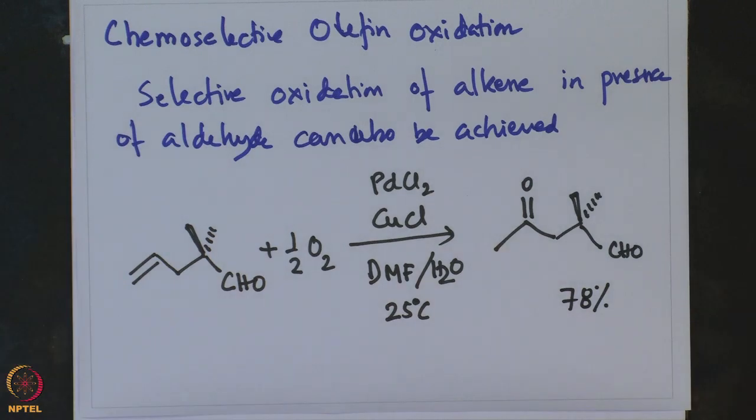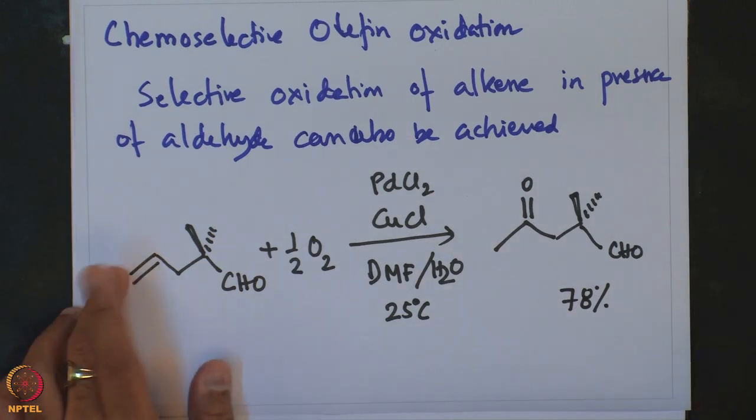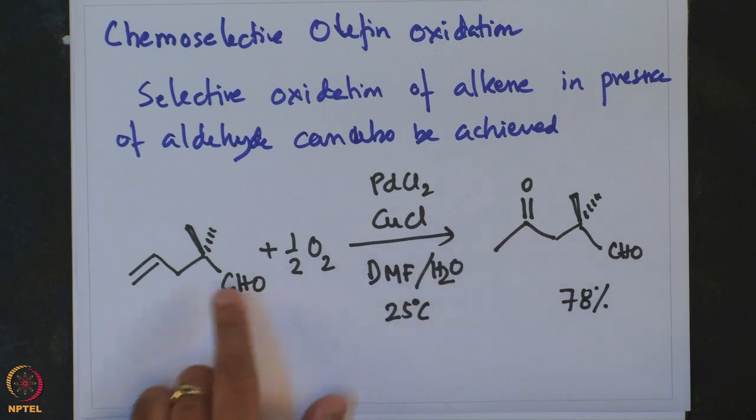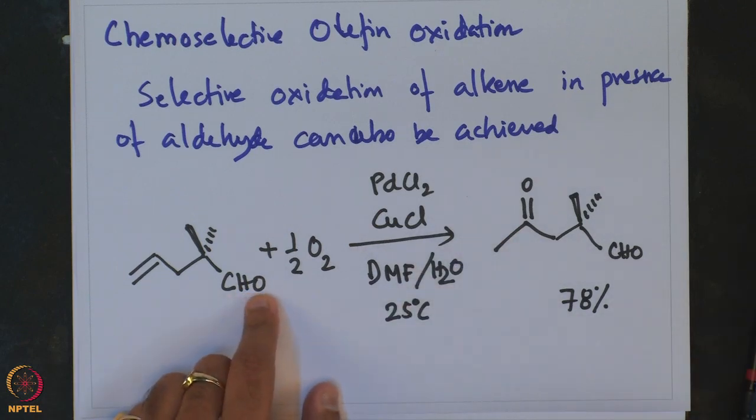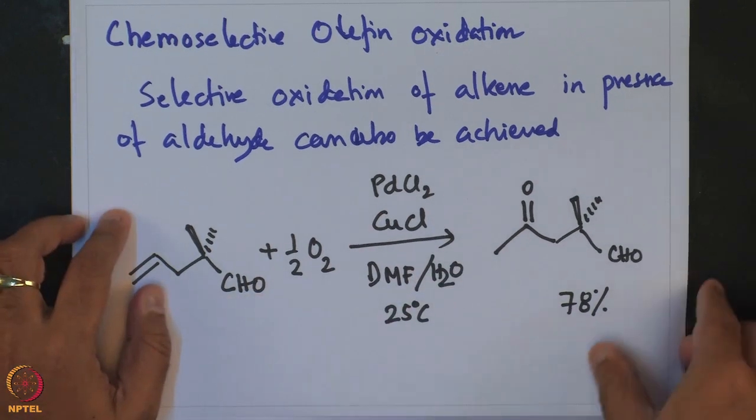So, this shows the selective oxidation of the olefin to give the methyl ketone, with the aldehyde remaining untouched. So, this is an example of chemoselective oxidation.